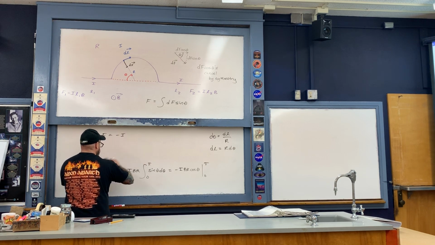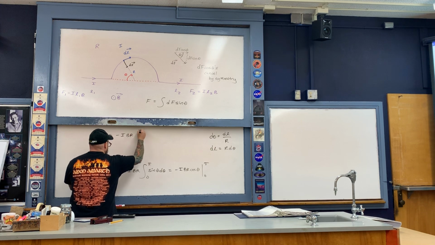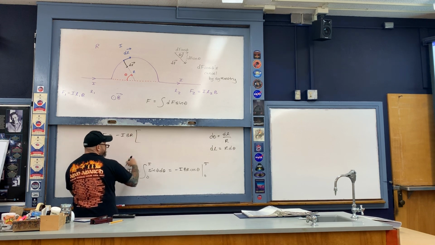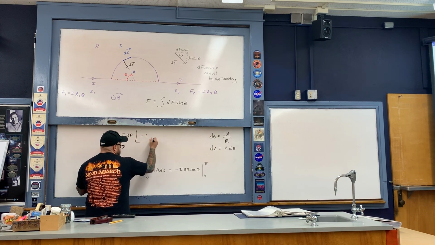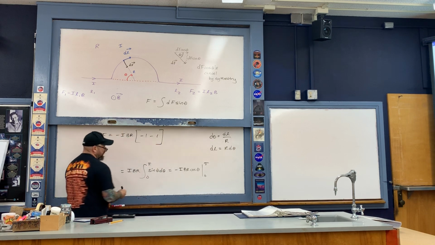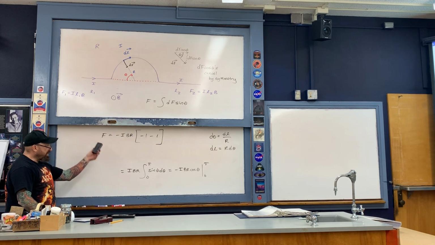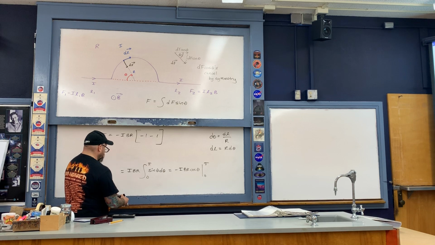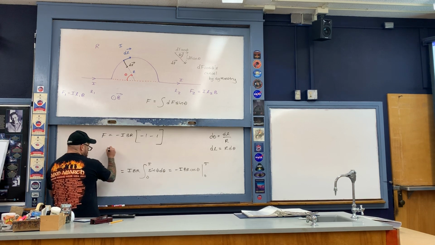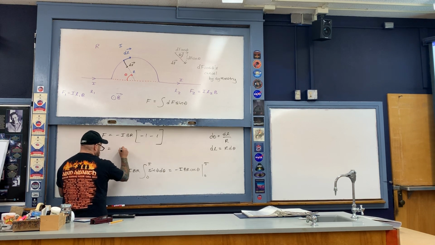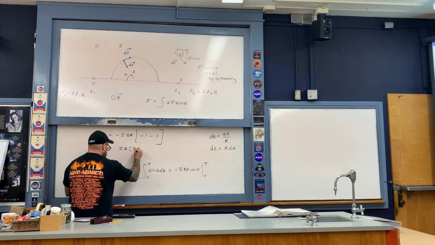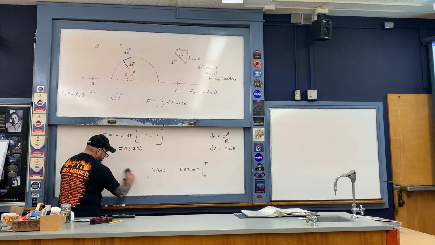Oops, I B R. Like so. So when I do, I now have cosine of pi, which is -1, minus cosine of 0, which is equal to 1. Notice the negative signs there cancel. Let's see, and yeah, this is correct. The negative signs here cancel, and I end up then with this. Let me group it like so.